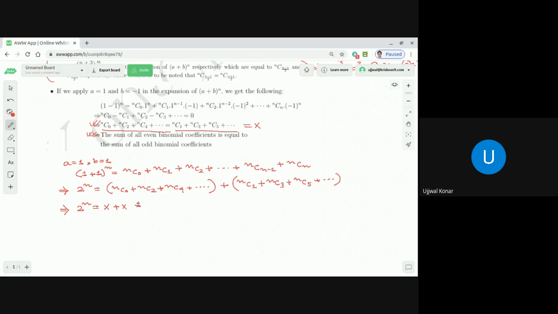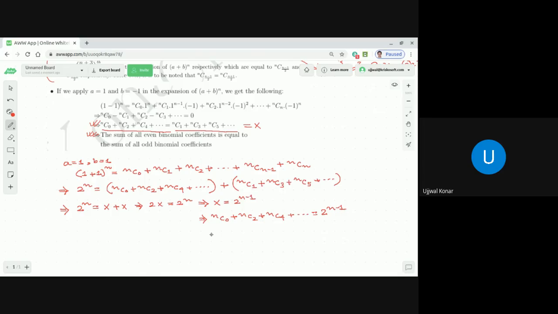So from here what we are getting is that 2 into X is equal to 2 to the power n. That implies X is equal to 2 to the power n by 2, that is 2 to the power n minus 1. So from here what we can conclude? From here we can conclude that nC0 plus nC2 plus nC4, and in that way if you continue, is equal to 2 to the power n minus 1.